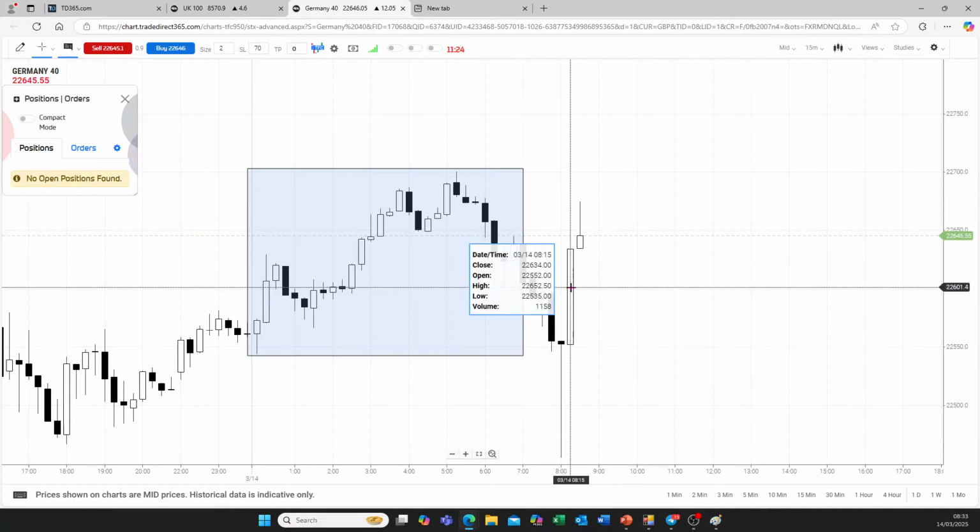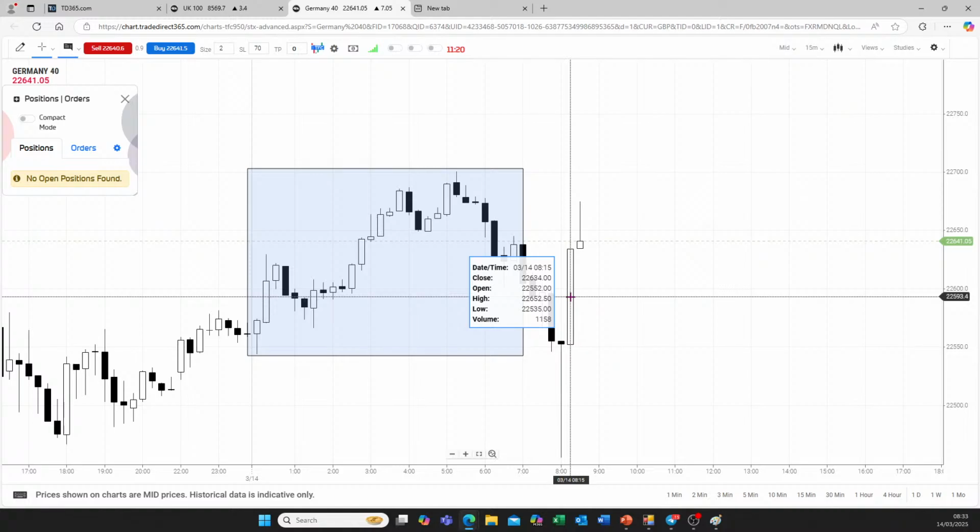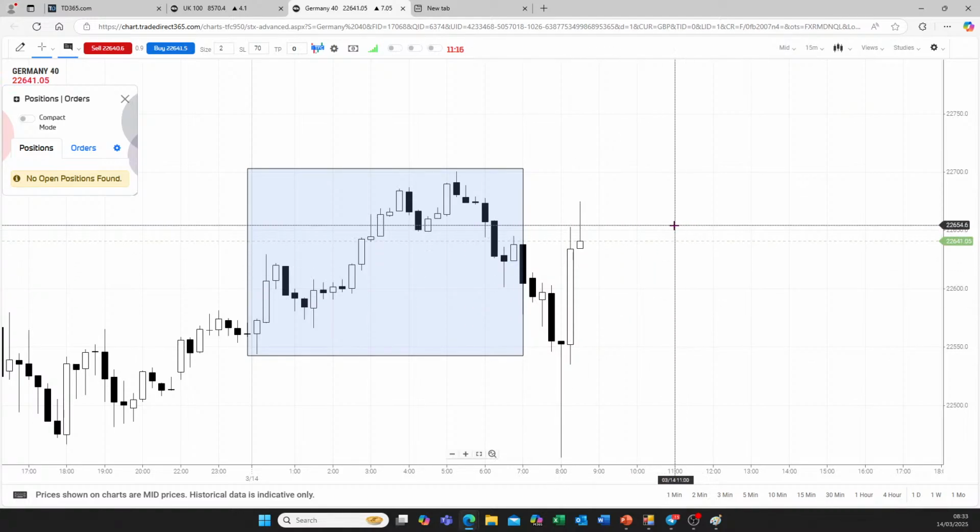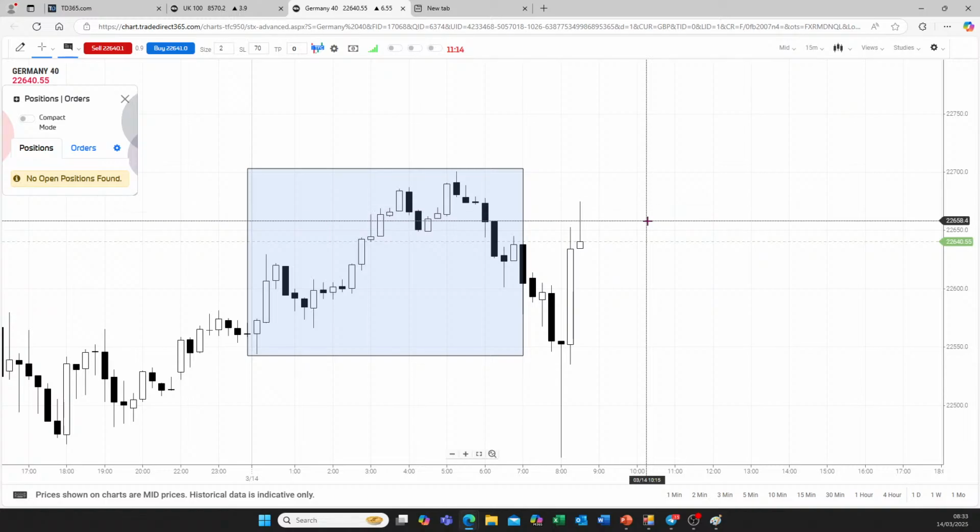So rather than normally buying school run at above 652, now the idea would be to sell short above 652.